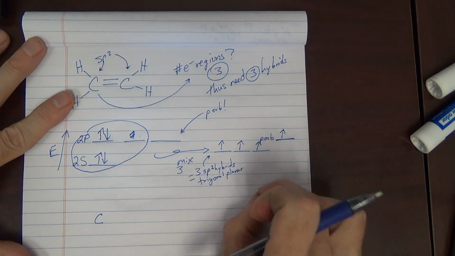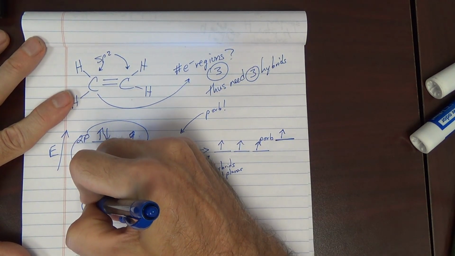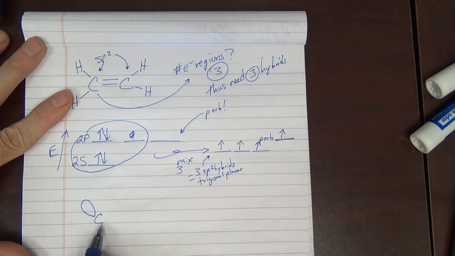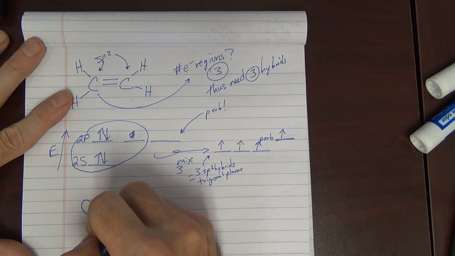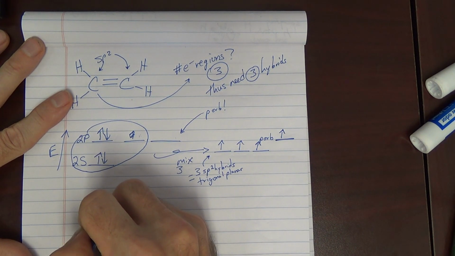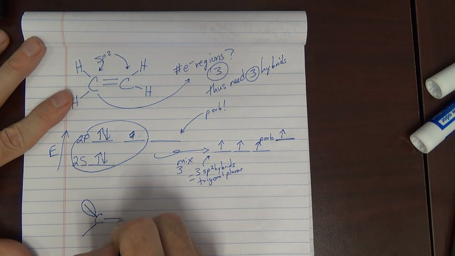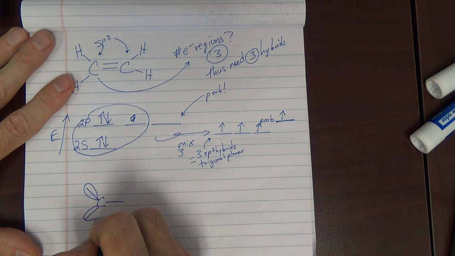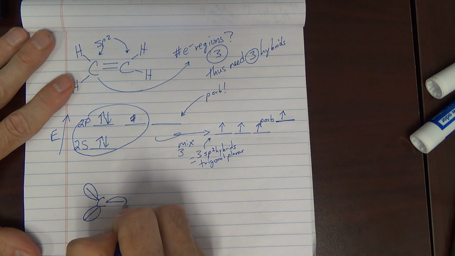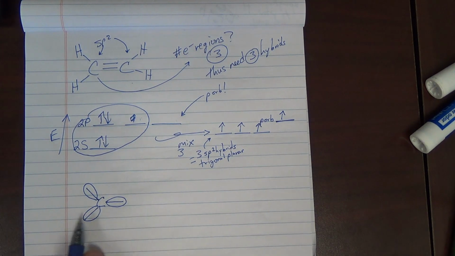We'll look at those relative differences later. Here, I'm not going to put the back lobe. By the way, we're going to end up with boom, boom, boom. Trigonal planar. Everything is in the plane, planar.